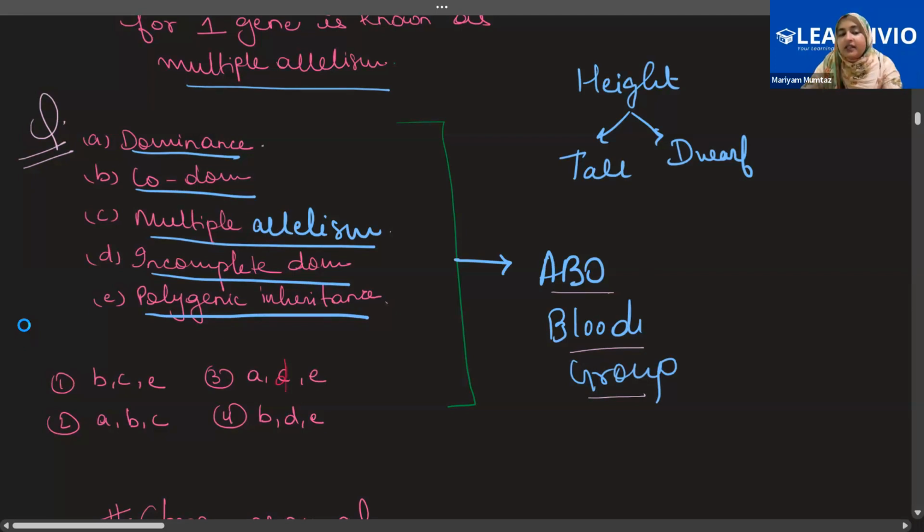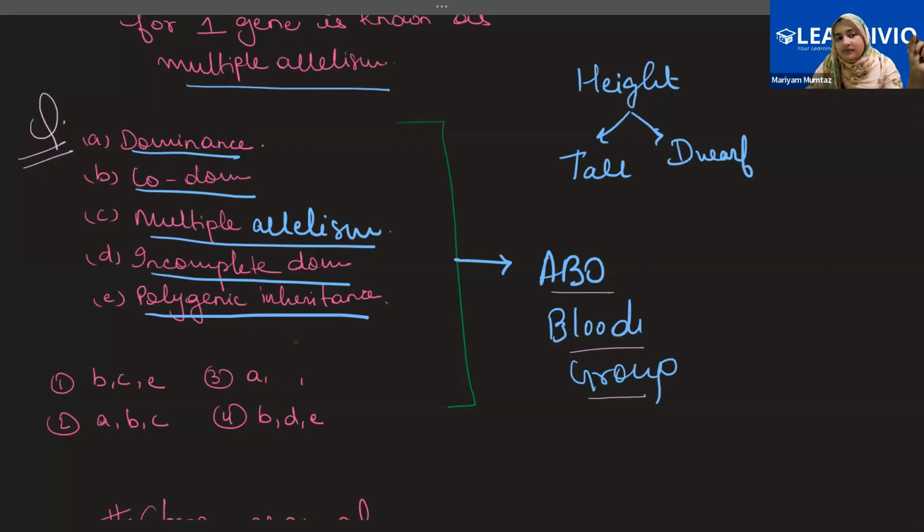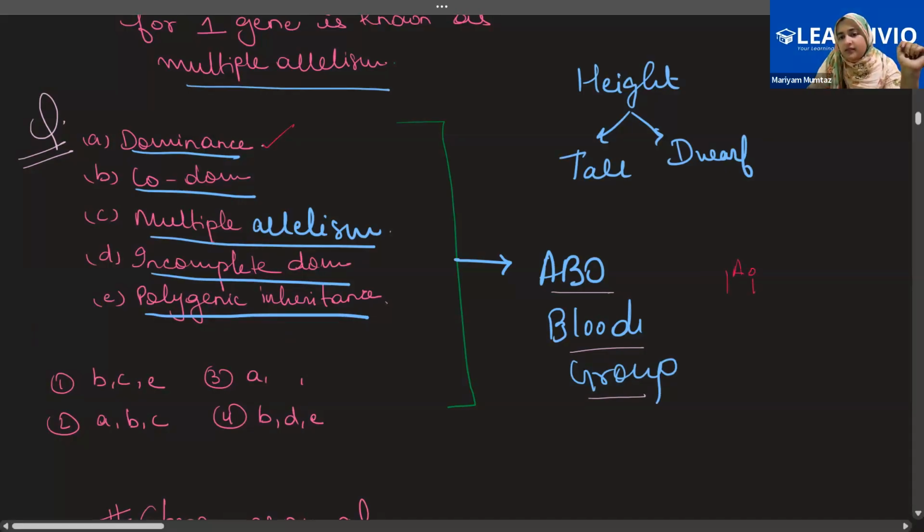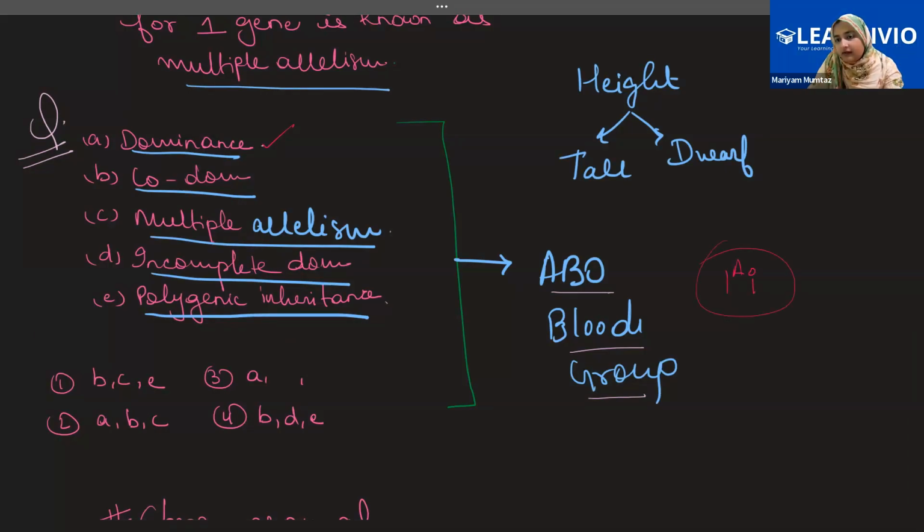Codominance is there, 100%. Apart from that, there is also multiple allelism. Multiple allelism and codominance, and normal dominance is also there. Because if this is the case, what does it show? Dominance.